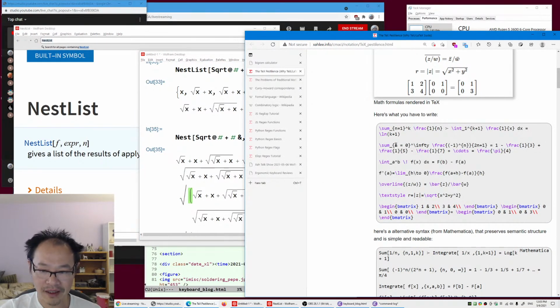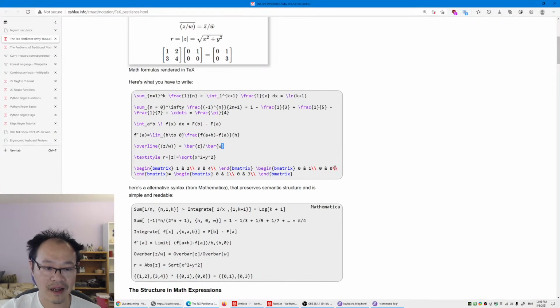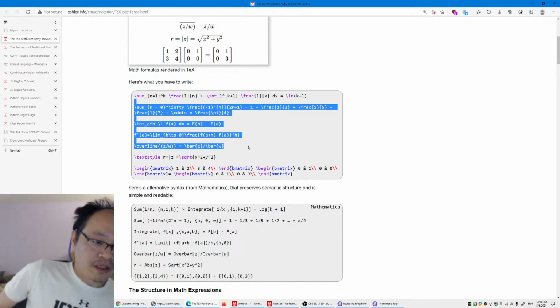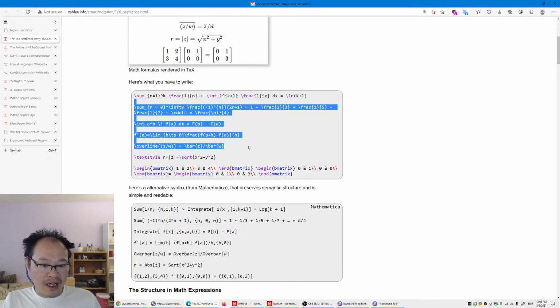in Mathematica is that in TeX or LaTeX, all the syntax is not computable expressions. So when you do square root of 2 in LaTeX, let's just say you want to do 2 to the 2/3 power. You cannot evaluate it.